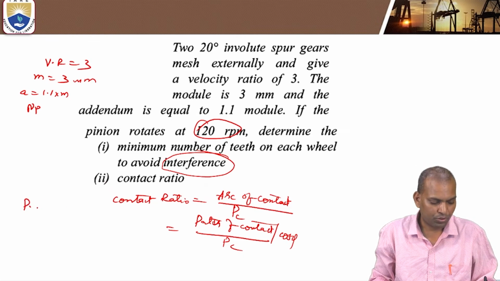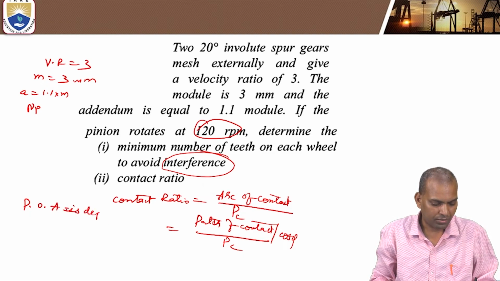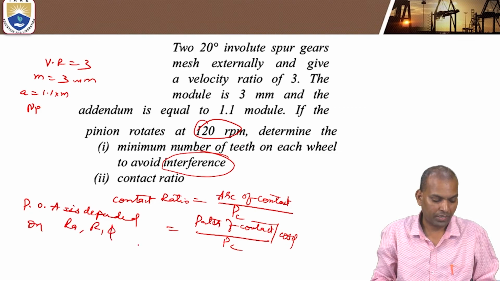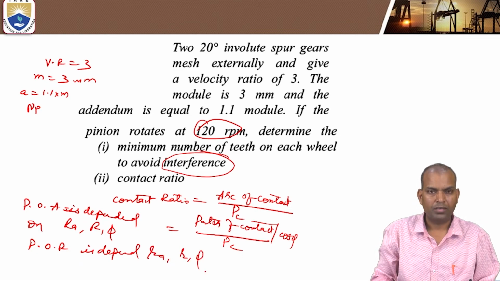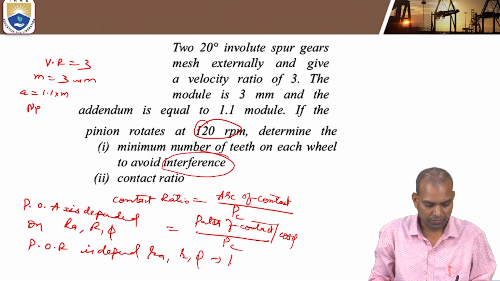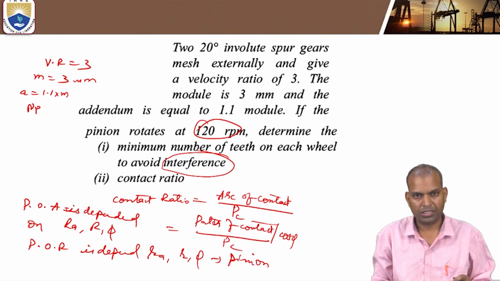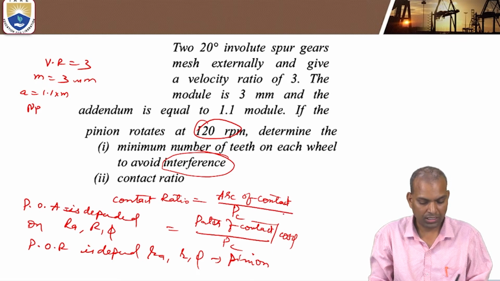The path of approach is dependent on RA, R and phi. Path of recess is also dependent on the pitch circle radius, small RA, R and phi, related to the pinion values. So both path of approach and path of recess depend on one common thing, the pressure angle phi.